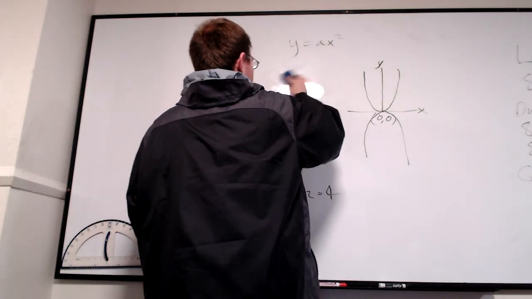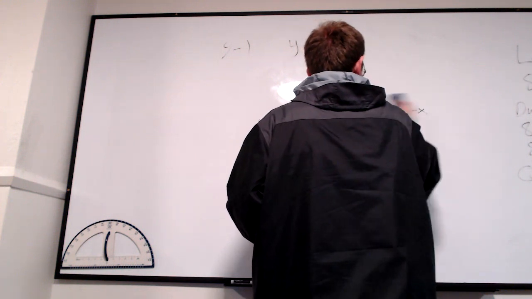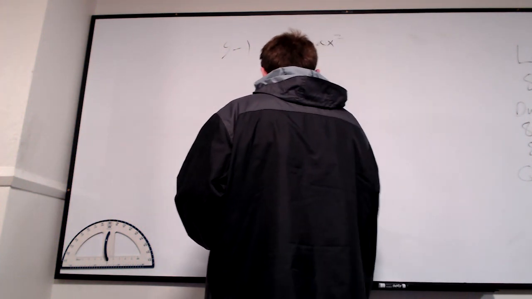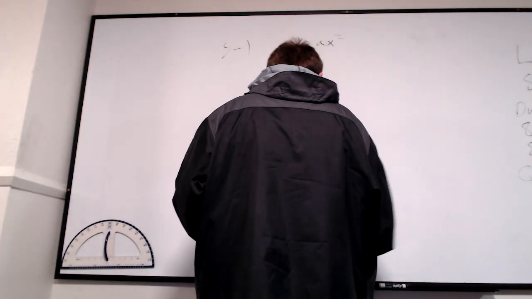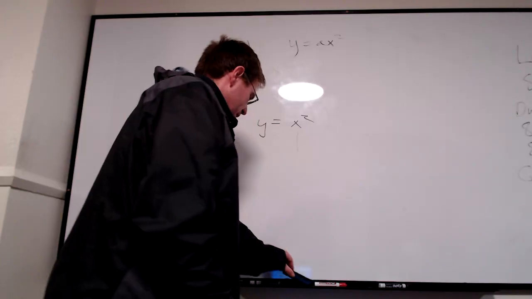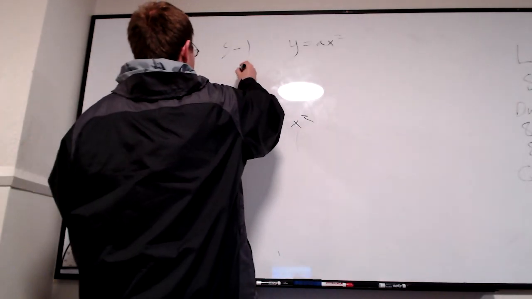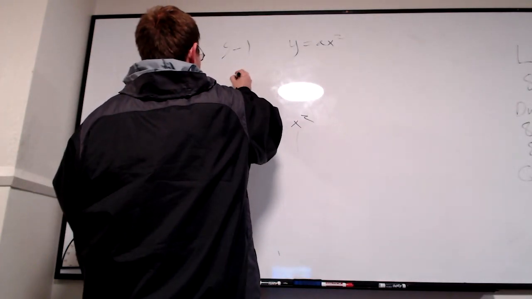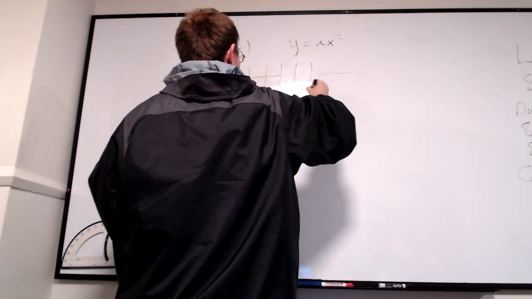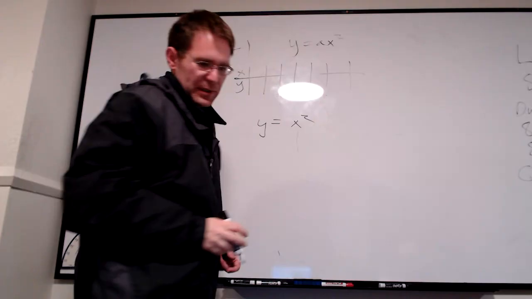But now we can do this on a table. We will do y equals x squared. We have x and y like so.